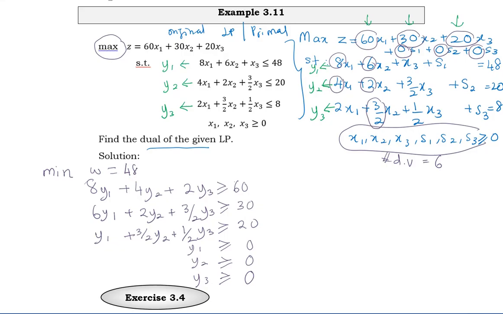So 48y1 plus 20y2 plus 8y3. Okay, so from here, these three constraints are actually the lower bounds. So yi must be greater than or equal to 0 for i equals 1, 2, 3. Okay, that's it.